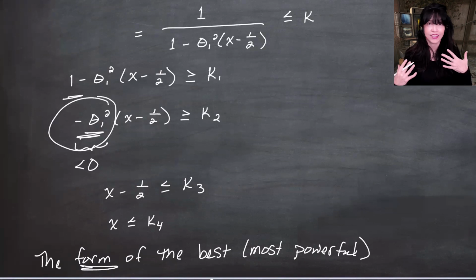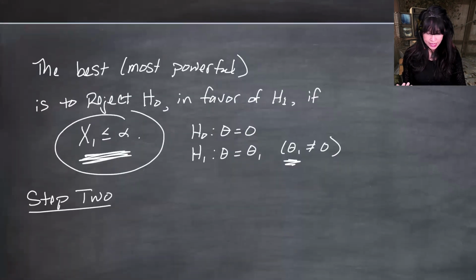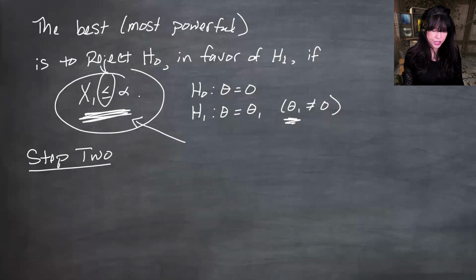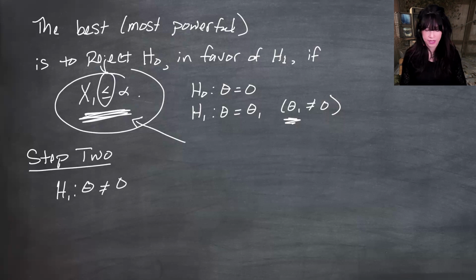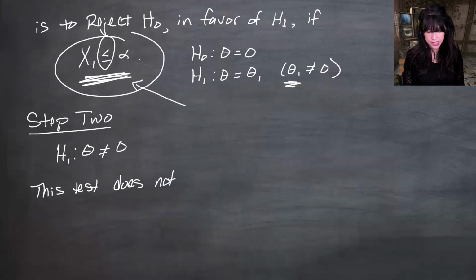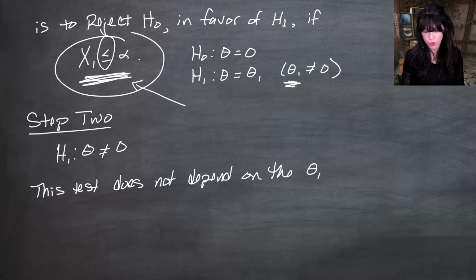You take the negative, that's negative. We will always get the flip. So our final test does not appear to depend on theta 1, and the direction did not depend on which theta 1 we chose out of all of the theta 1s in the alternate hypothesis. So this test does not depend on the theta 1 chosen.